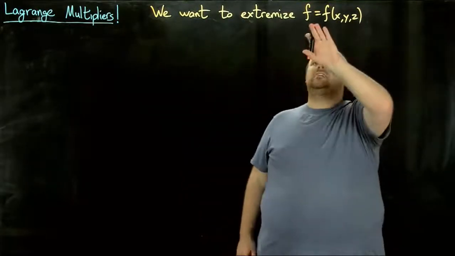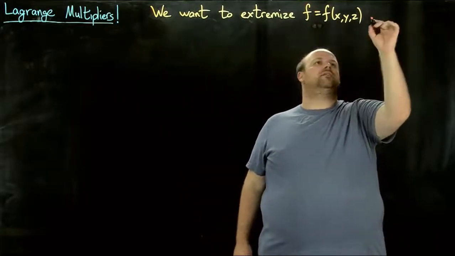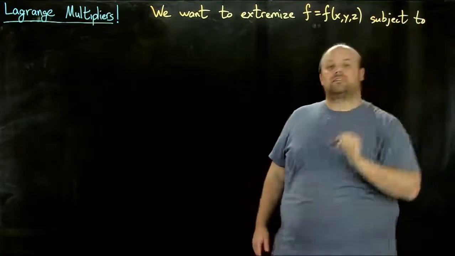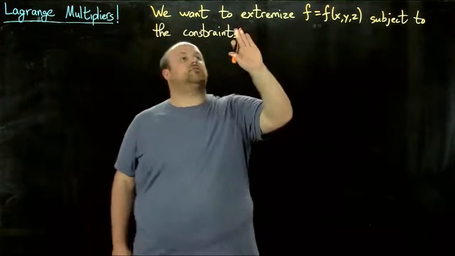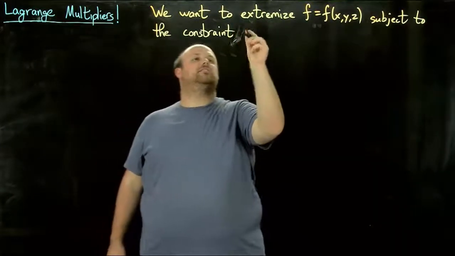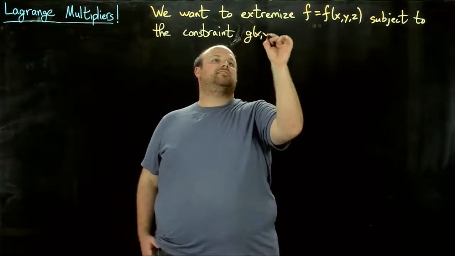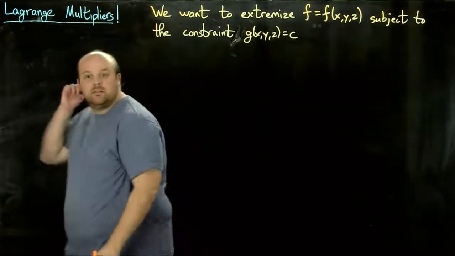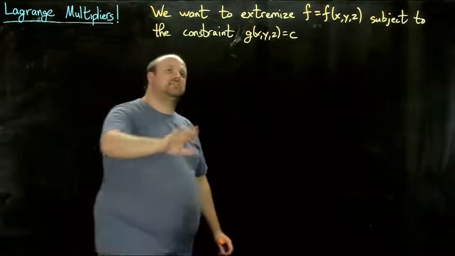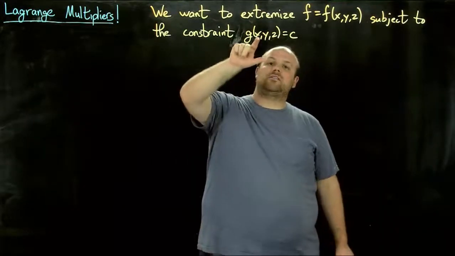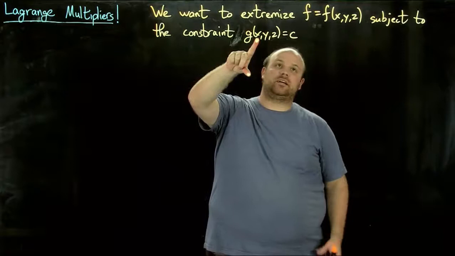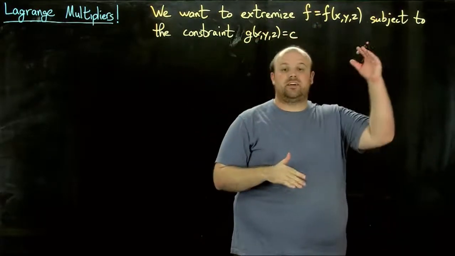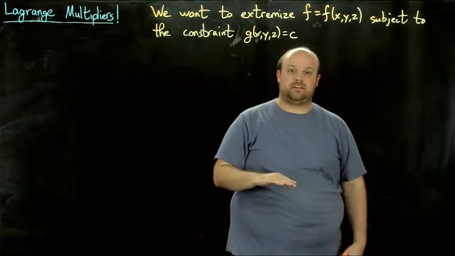We want to extremize this function f subject to a constraint, just one constraint, g of x, y, z equals c. So among all of the points that satisfy this equation, which of those points gives f its biggest value and its smallest value?